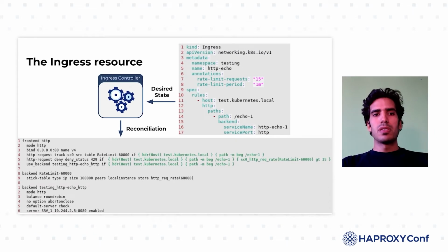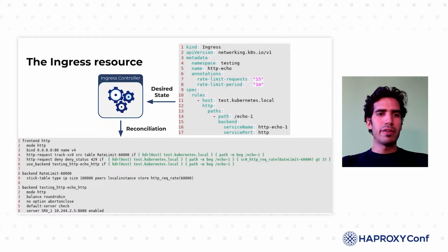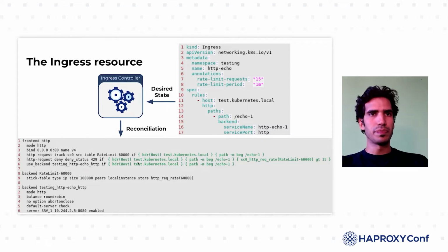After processing these annotations, the controller will create a stick table and corresponding HTTP rules in order to track and deny requests if need be. And as you can see, all of this is conditioned by the host and path, because we don't want to apply this to all traffic, but only to requests described in this Ingress resource.